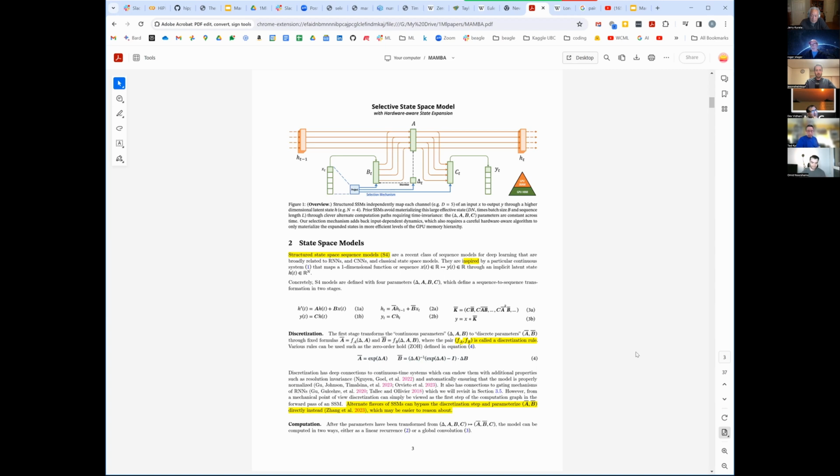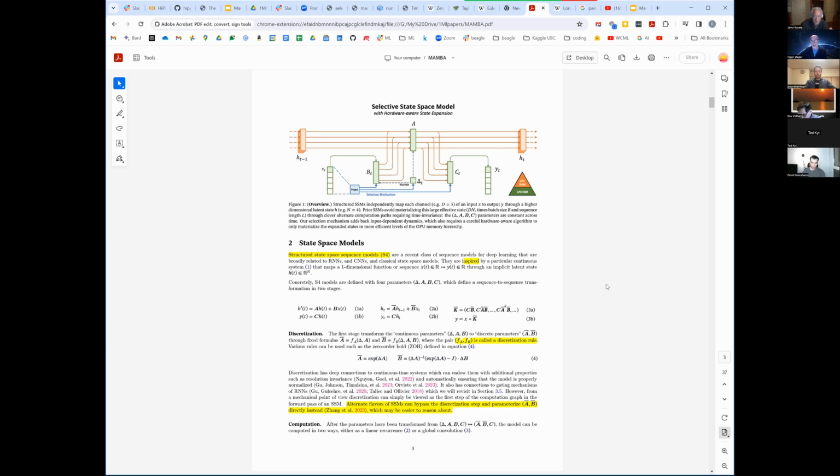Hey, Roger, did you say the sampling is fixed or is it variable? In S4, it is fixed. Okay, for all the tokens it has the same value.